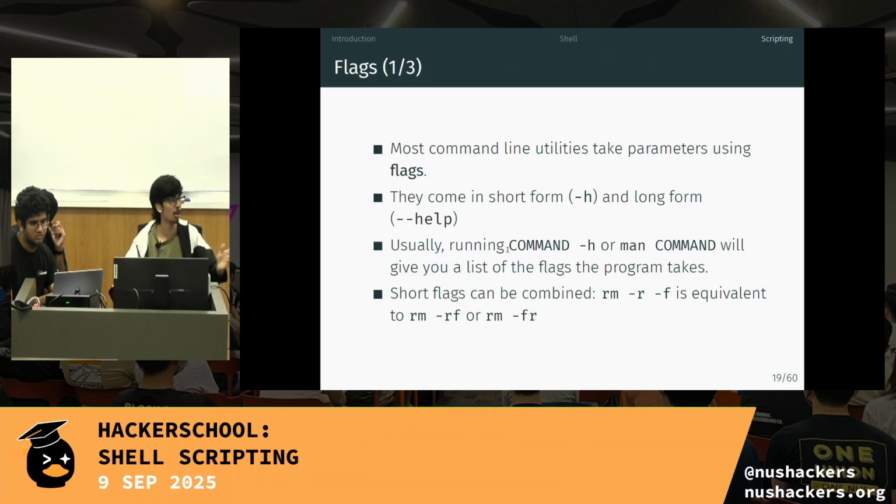Usually running a command with -h will give you detailed instructions on how to use that specific command. You can also combine short flags together. So instead of typing rm -r -f, you can just do rm -rf to do them together.